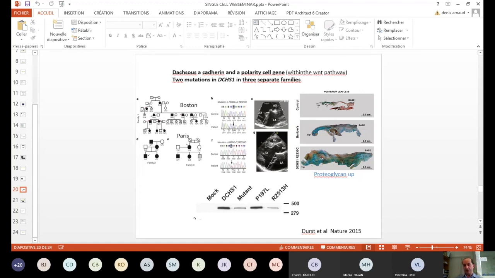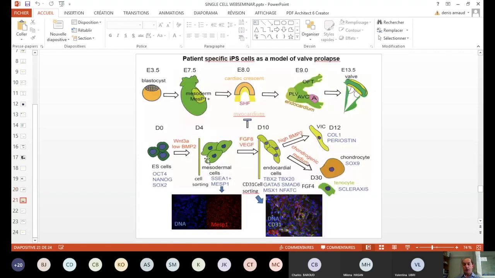Even if in a paper that we did with collaborators we could make a mouse model, it's difficult to understand the basic mechanism using the whole mouse. So we decided to use iPS cells from patients who suffer from mitral valve prolapse.